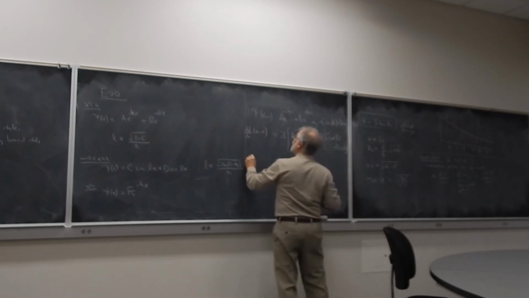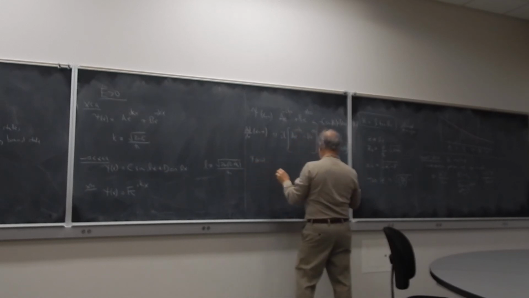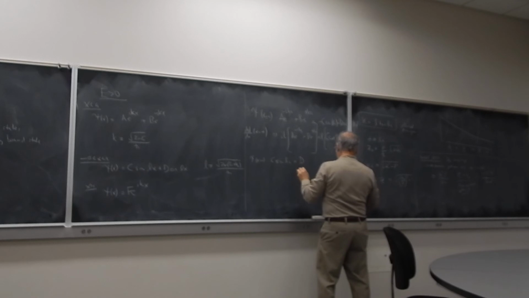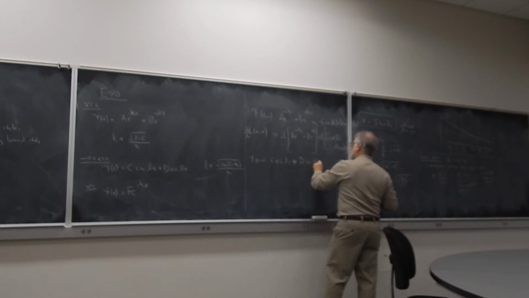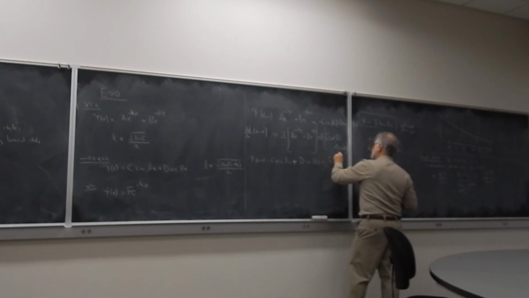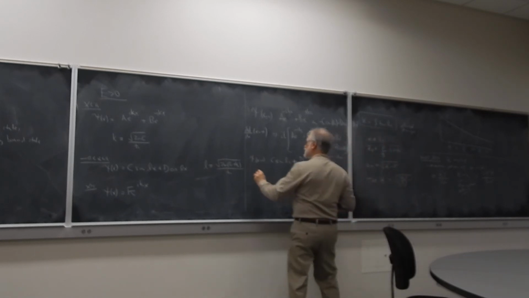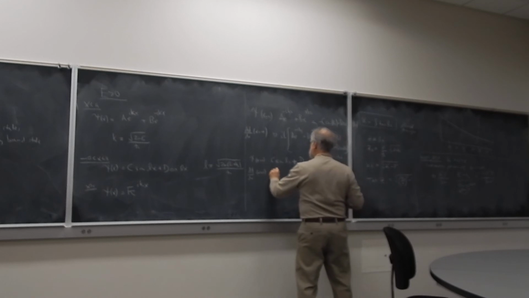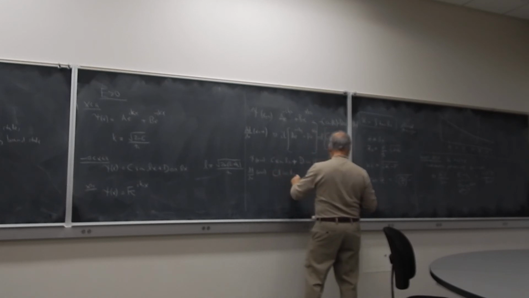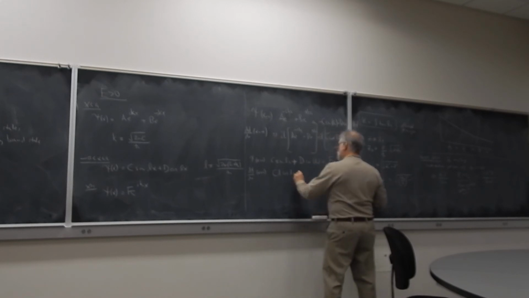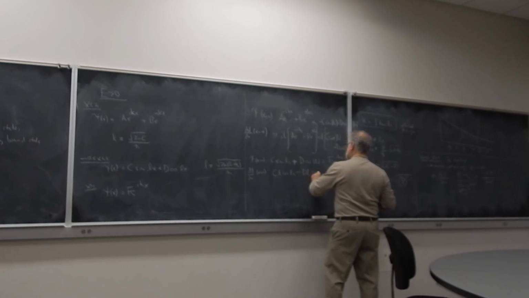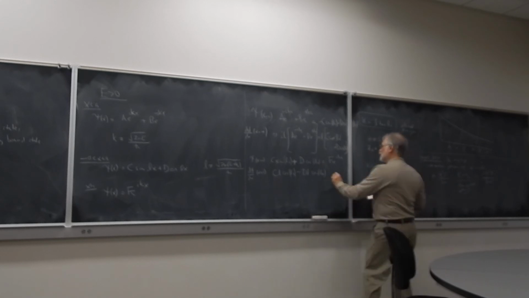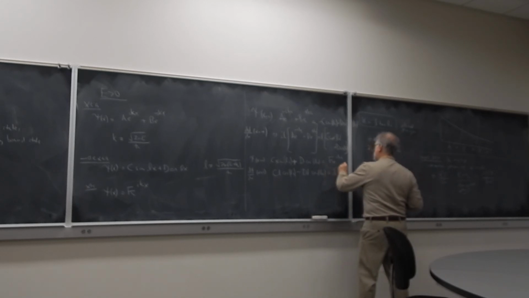The other side, psi at x equals a, gives me C sine La plus D cosine La is equal to F e to the ika. d psi dx at x equals a gives me C L cosine La minus D L sine La equals ik F e to the ika.